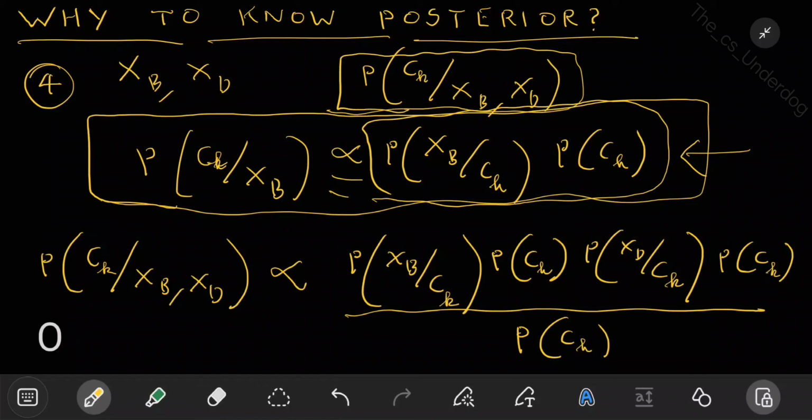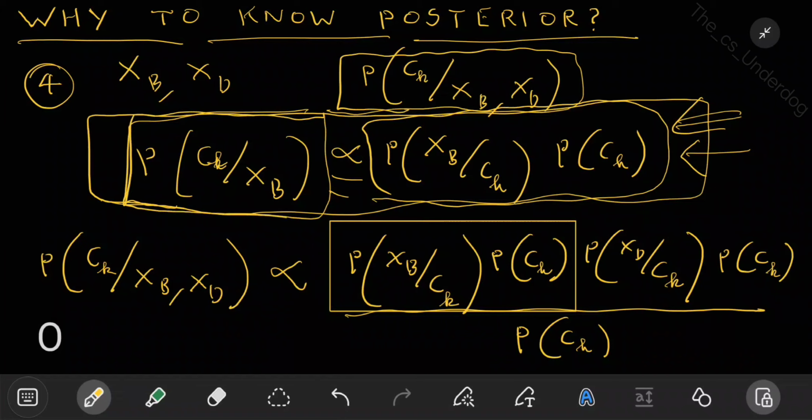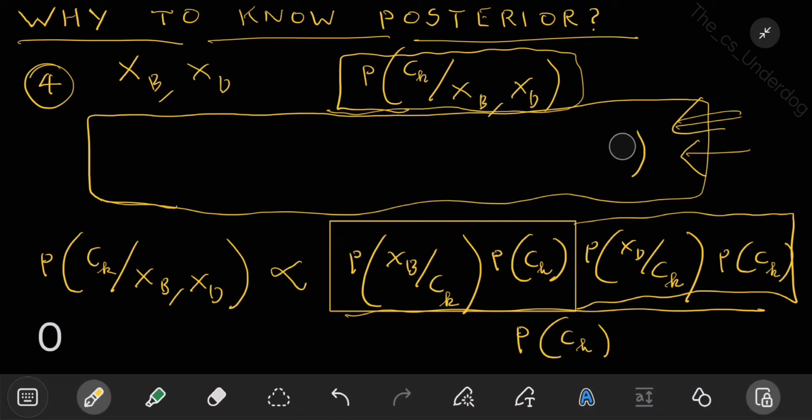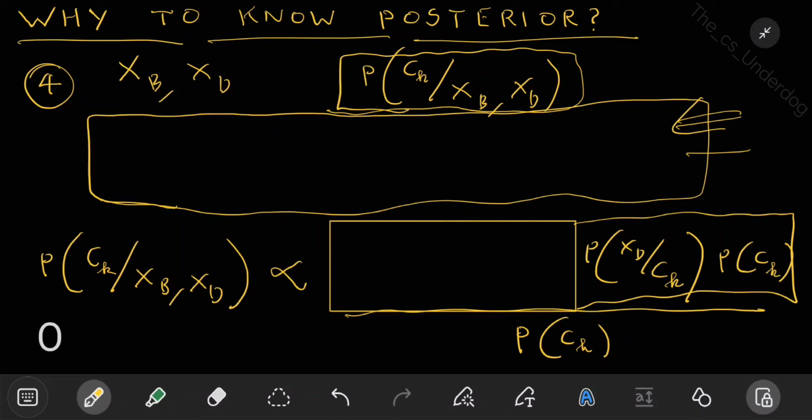So why did I do this? So that I can apply this rule. I'll take this particular term and change it to P of CK given XB, and this particular term I'll change to P of CK given XD. Whatever we found here, I'm going to substitute here, P of CK given XB.